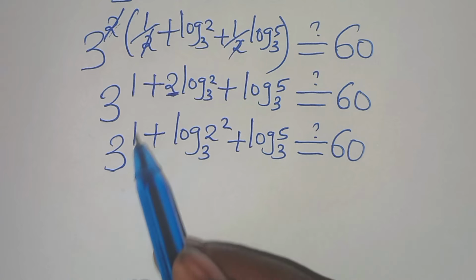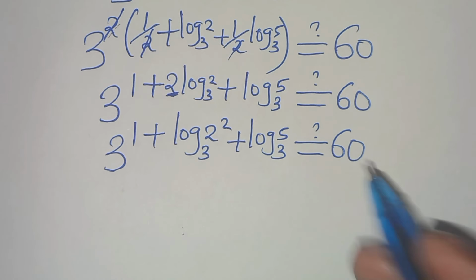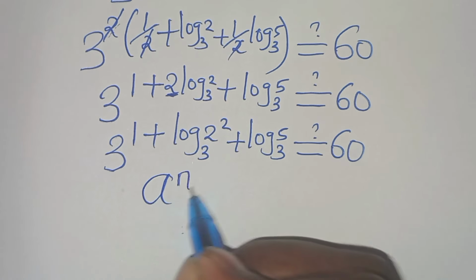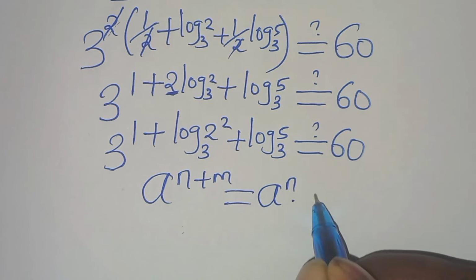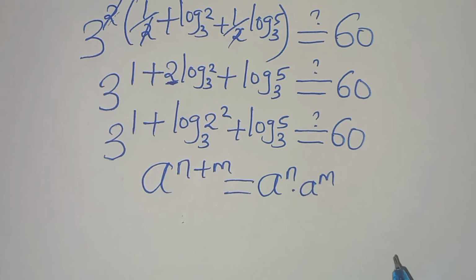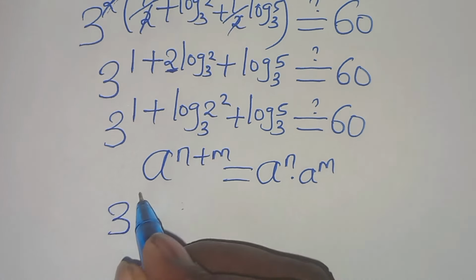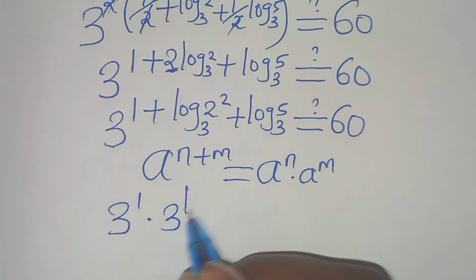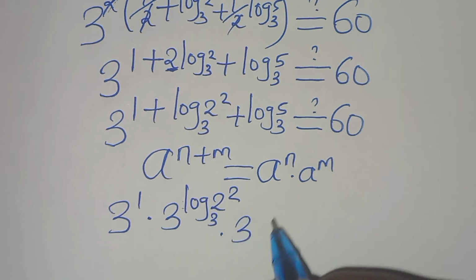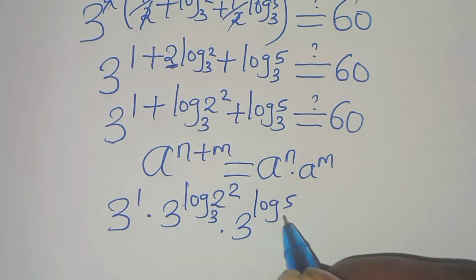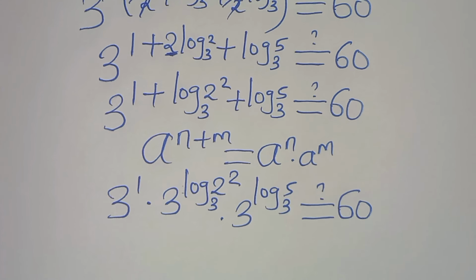Now, this is in the form of a to the power of n plus m, which we can express as a to the power of n times a to the power of m. Applying this exponent property, then we have 3 to the power of 1 times 3 to the power of log 2 to the power of 2 to base 3 times 3 to the power of log 5 to base 3. This should give us a value of 60.